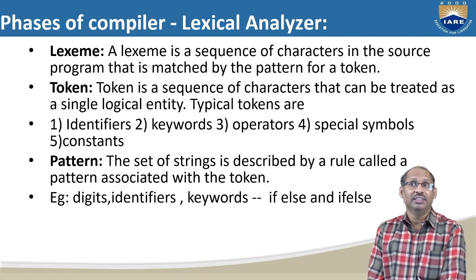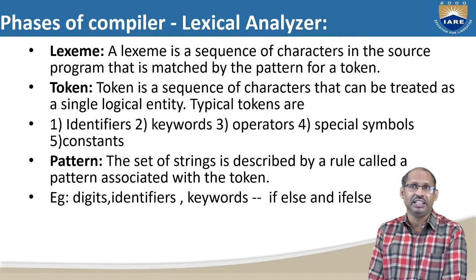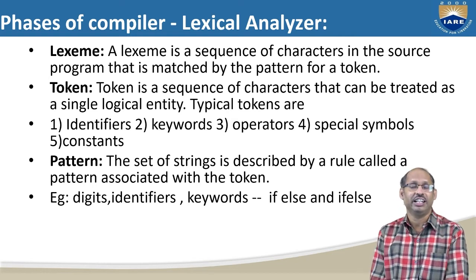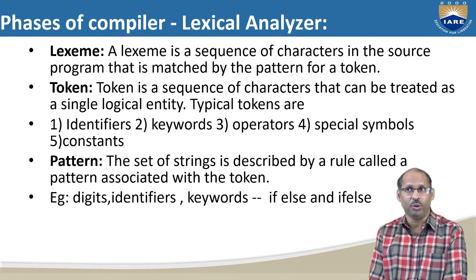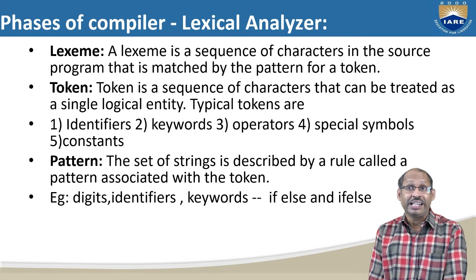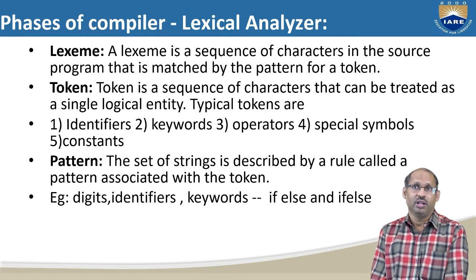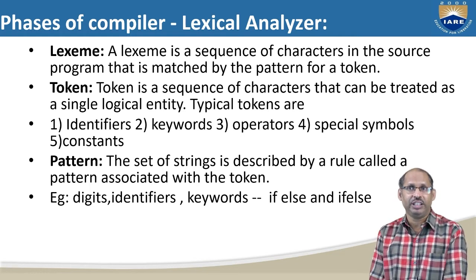What is a token? A sequence of characters that is treated logically as a single logical entity. It might be identifiers, keywords, operators, special symbols, or constants. Recognizing them, the rules are called patterns. What is a pattern for identifiers?